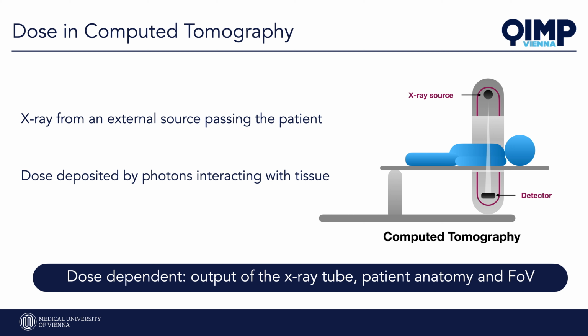Here it is really important to mention that the dose depends on the output of the X-ray tube, which can obviously be set, the patient anatomy, as well as the size of the field of view. One of the easiest ways to reduce the dose delivered to the patient is by setting the right field of view for the imaging.